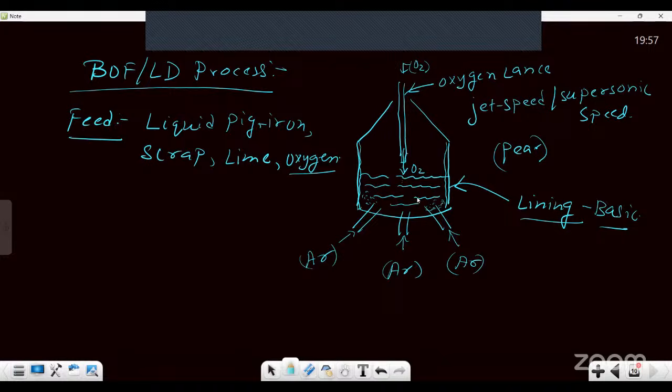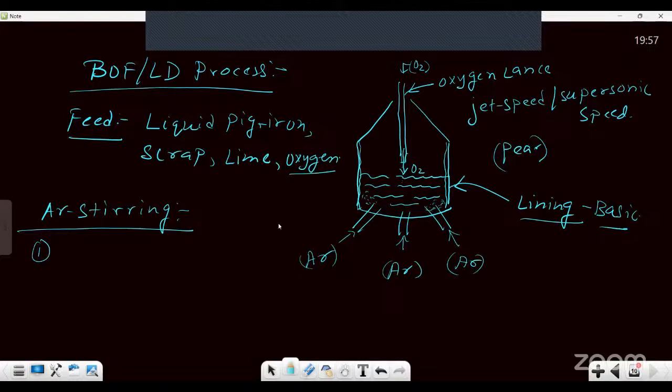So you see, if the hot metal is stirred, number one, it has a very good effect. So argon stirring, you can write argon stirring, how it helps. First, it makes the temperature of the hot metal uniform.